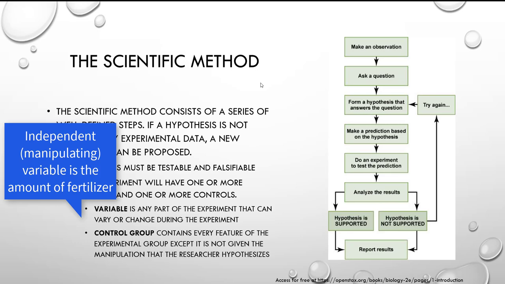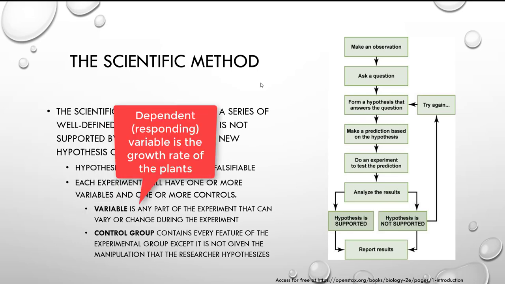One group gets fertilizer, one group gets nothing. So I'm testing whether fertilizer has an effect. And then my dependent variable depends on whether the independent variable was there, whether the fertilizer was there. In this case, I'm checking to see if growth is dependent on the fertilizer. So my dependent variable is the growth rate.